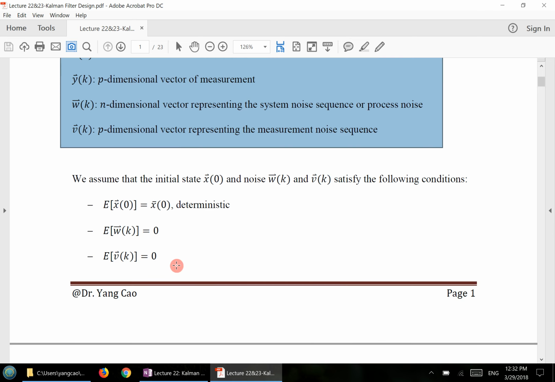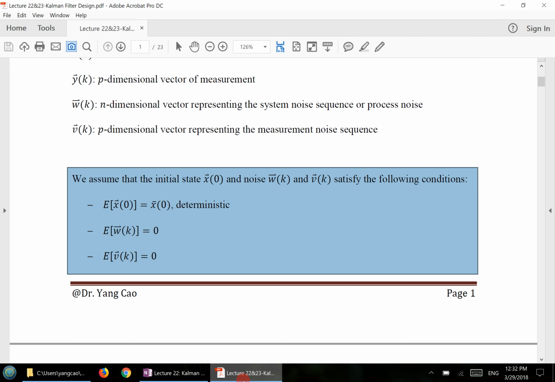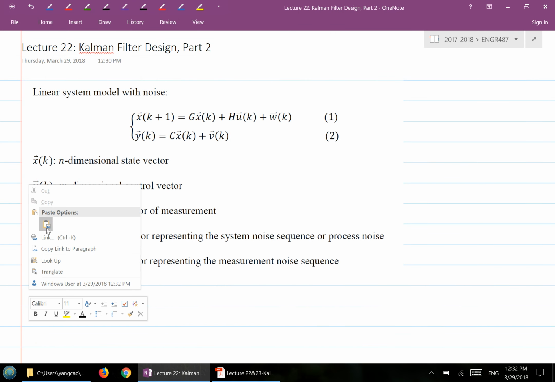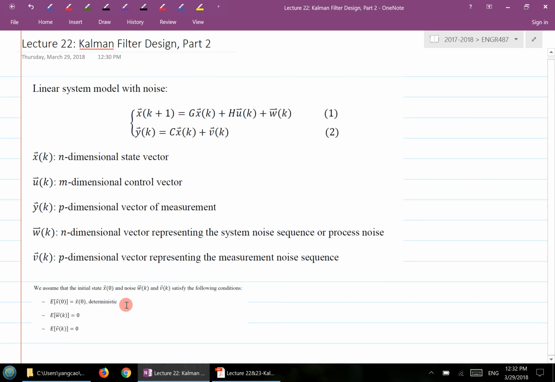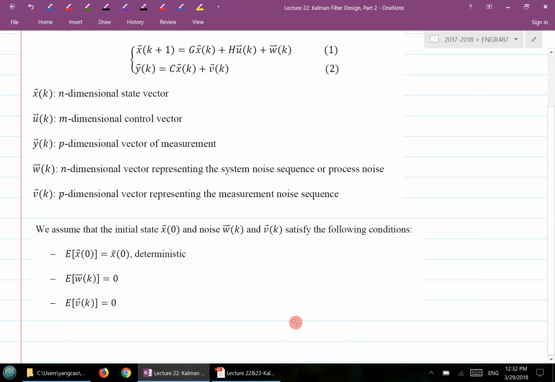And we have certain assumptions made for the noise. Both noises we consider as zero mean and white noise. So the mean value for both noises will be 0.